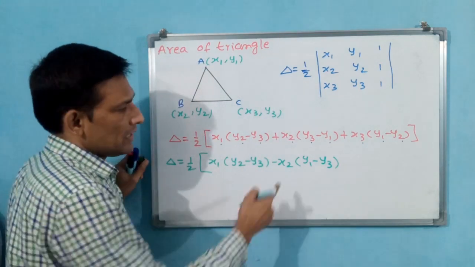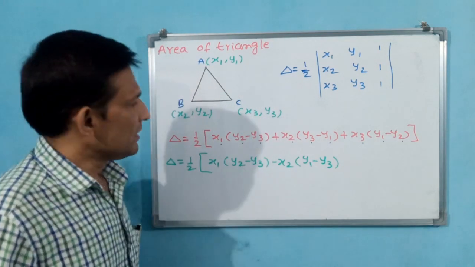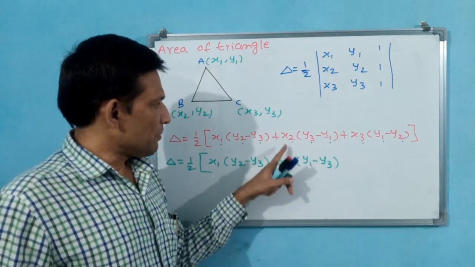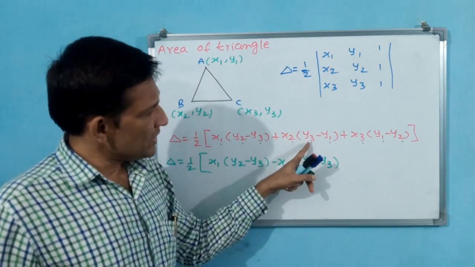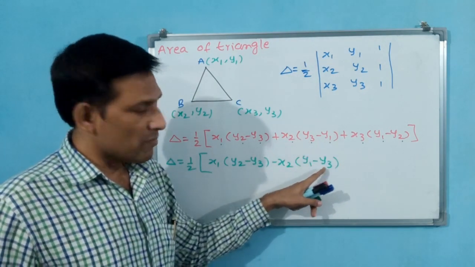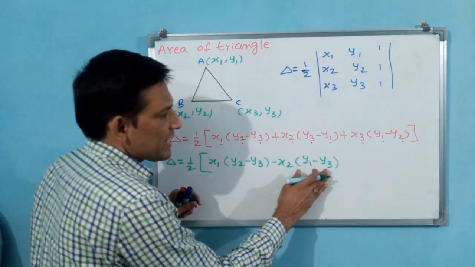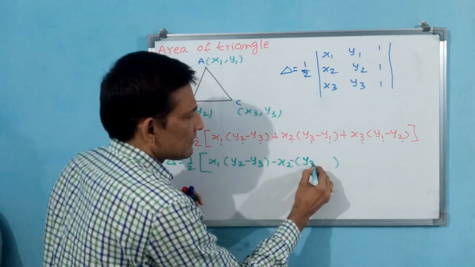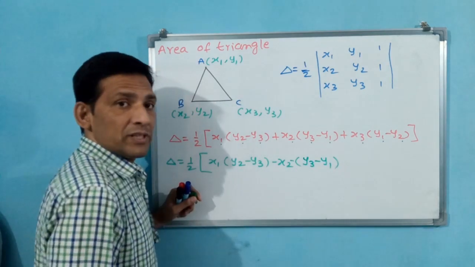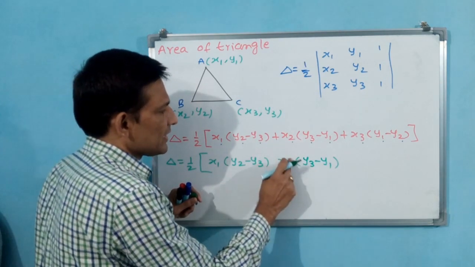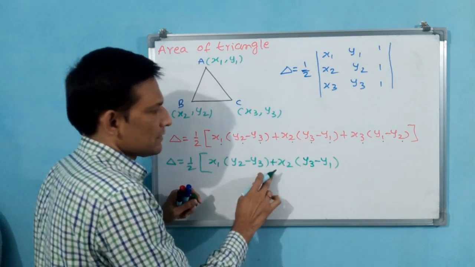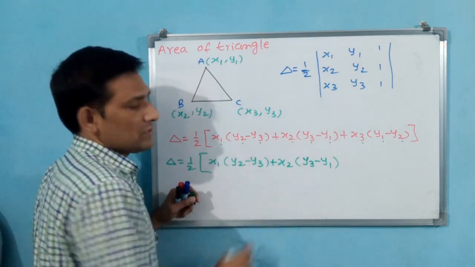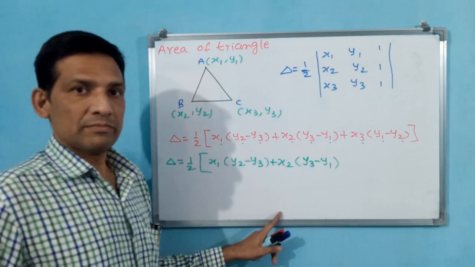You understand now? Now stop and see. Here x2 plus is there, here minus is there. But you see here y3 minus y1, but we have y1 minus y3. Shall I make it minus of y3 minus y1? Is it okay? This minus I will transfer here. Both have become same, okay?